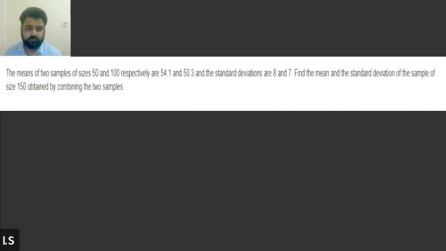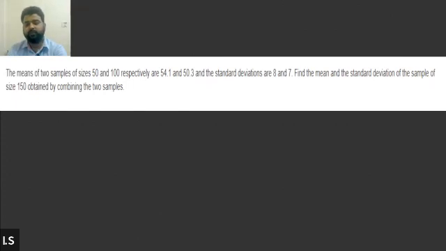I don't know why it is not tallying. The correct answer is 7.56. Okay, no problem. Let me do this. Just tell me the values.